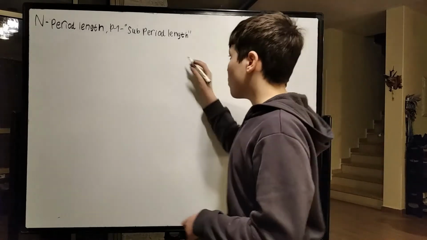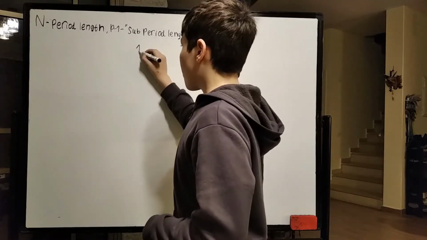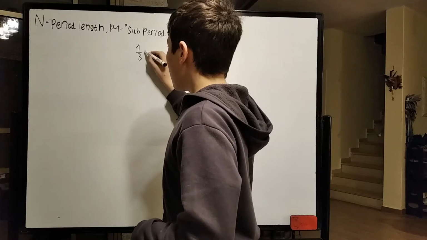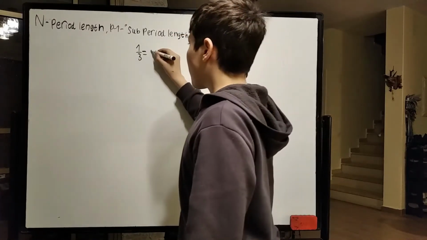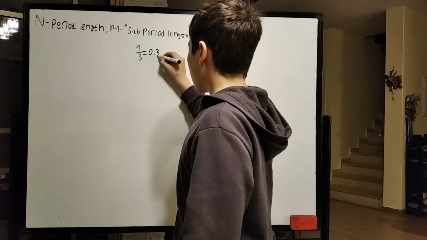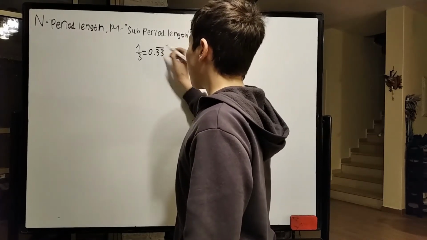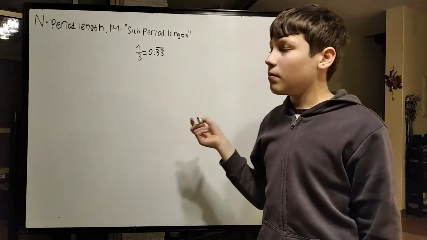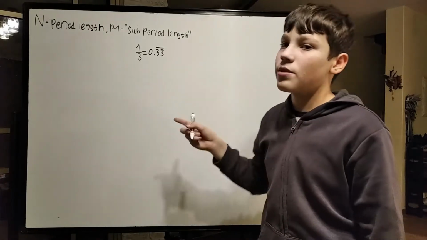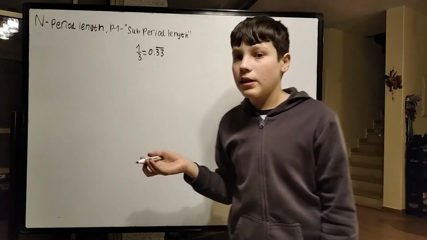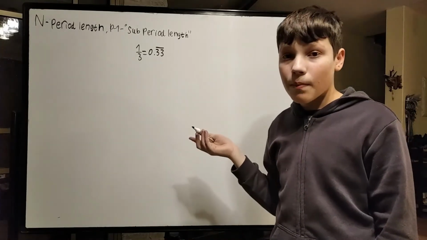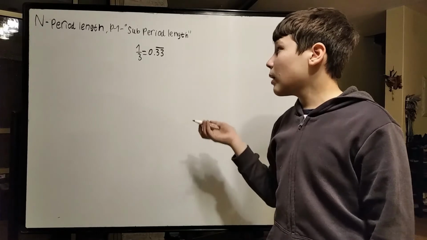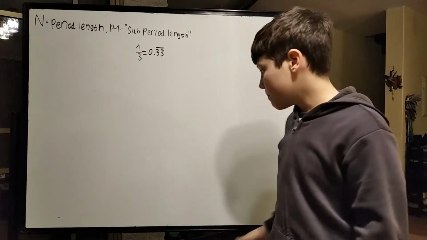So for example, with 1 over 3, it's true that the period length is 1, but you can also say that you have 3 repeating, 3 and so on and so forth. It's also 1 over 3. So that's what I mean by sub-period length.